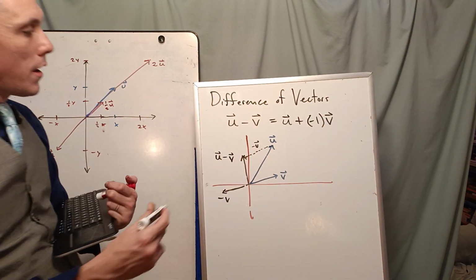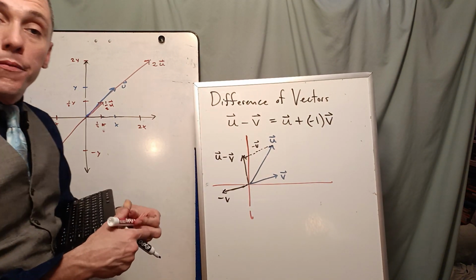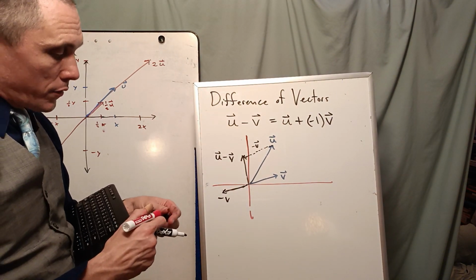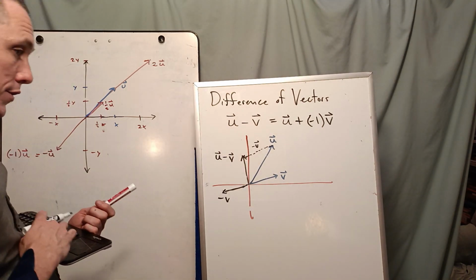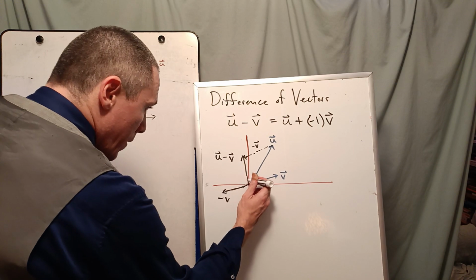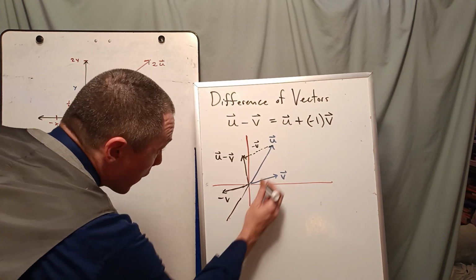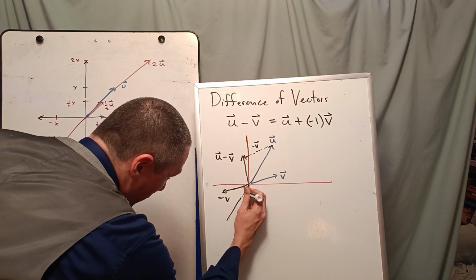Now, just like regular subtraction isn't commutative, right? 2 minus 3 isn't the same as 3 minus 2. Neither will this be. Because if I looked at minus u instead, maybe that's something that looks a bit like this.